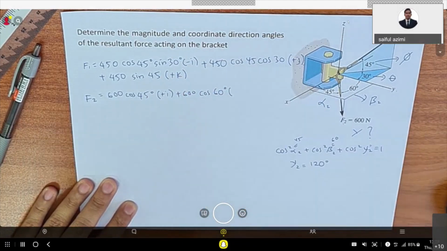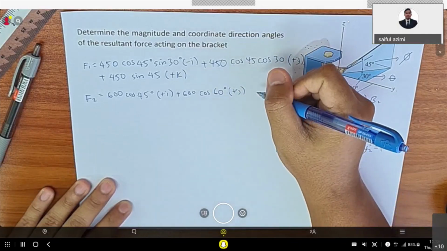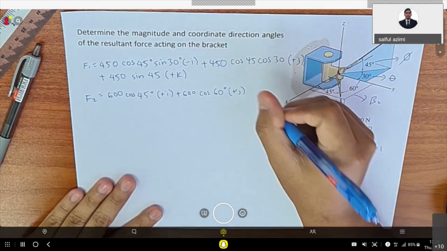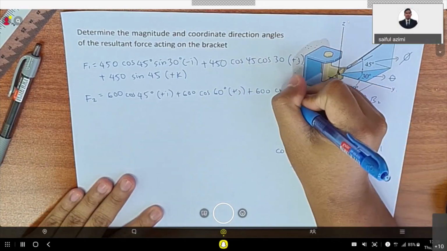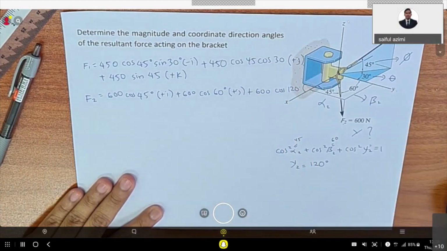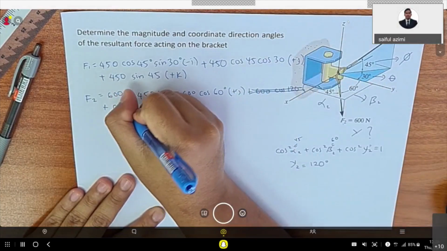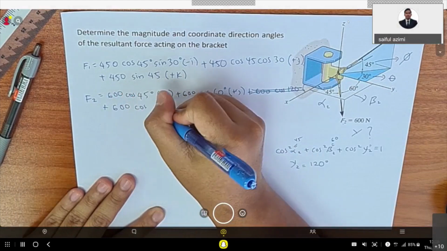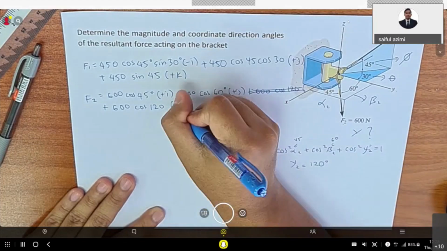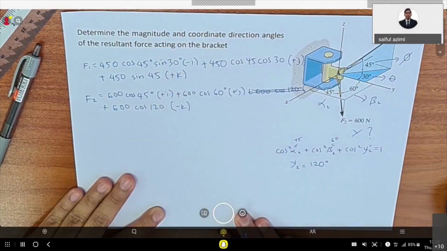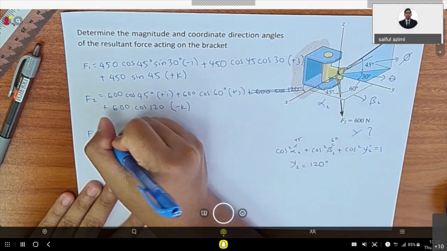Positive J. And next, plus 600 cos 120. What is the direction of K? Negative K. Okay, right.